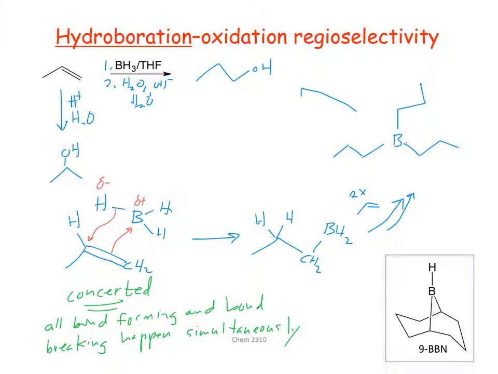Now what happens to get to our product is that we have to do the second step of this. We add hydrogen peroxide, hydroxide, and some water. This is the oxidation step.